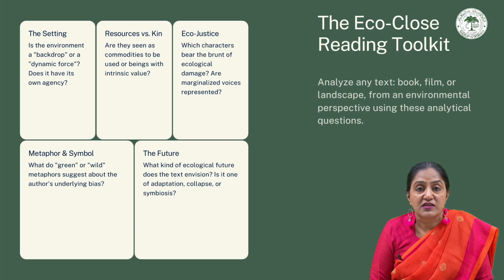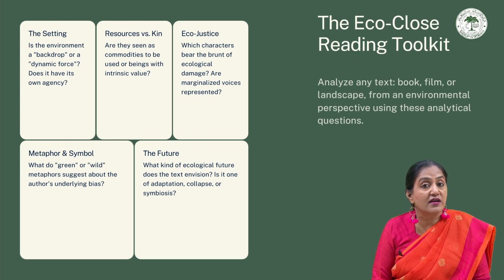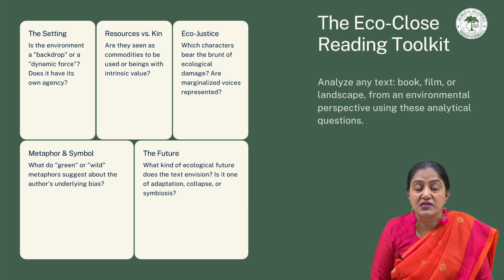Climate change impacts vulnerable populations more severely than affluent groups. And eco-critical reading therefore investigates power relationships. When we read a text, we must ask whose voices are present, whose experiences are ignored, whose sufferings remain invisible.